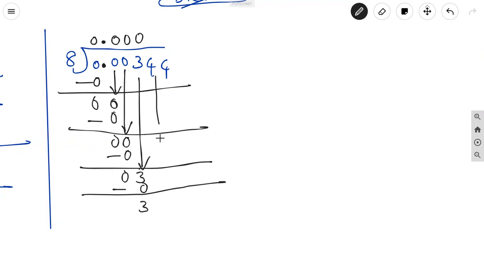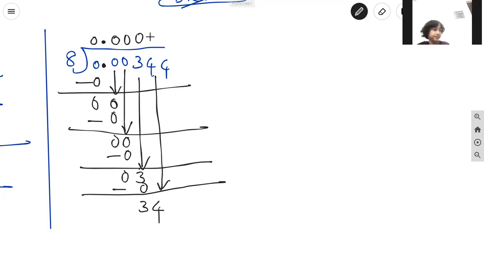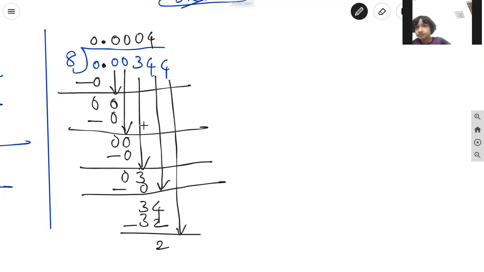Write the ten-thousandth digit, 4. 8 fours are 32. 34 minus 32, 2 is the remainder. Tens, hundreds, thousands, ten-thousands, lakh, the division digit, that is 4. 8 threes are 24. 24 minus 24, it is 0.